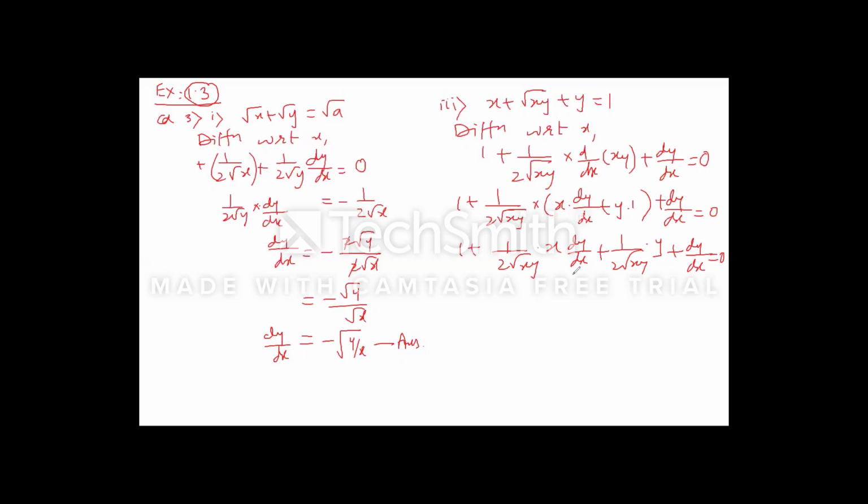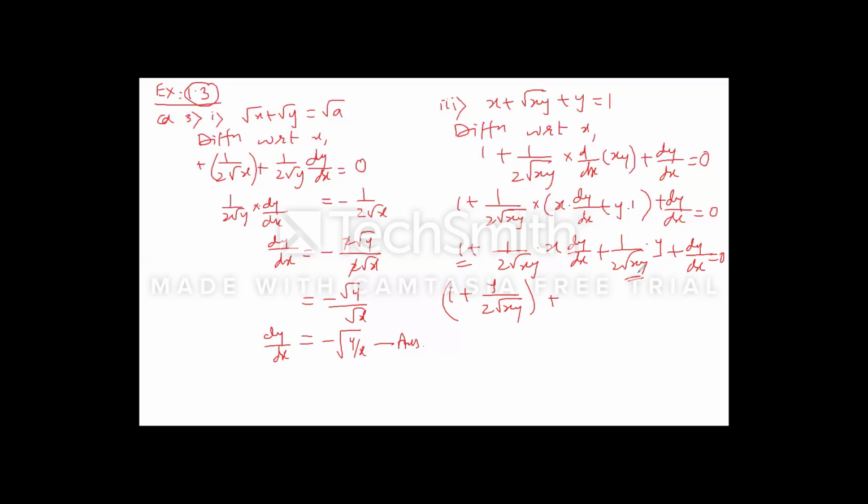So let's solve this further. I'm going to write 1 plus 1 upon 2 root xy into y. So here 1 plus y upon 2 root xy. These are the terms without dy by dx.